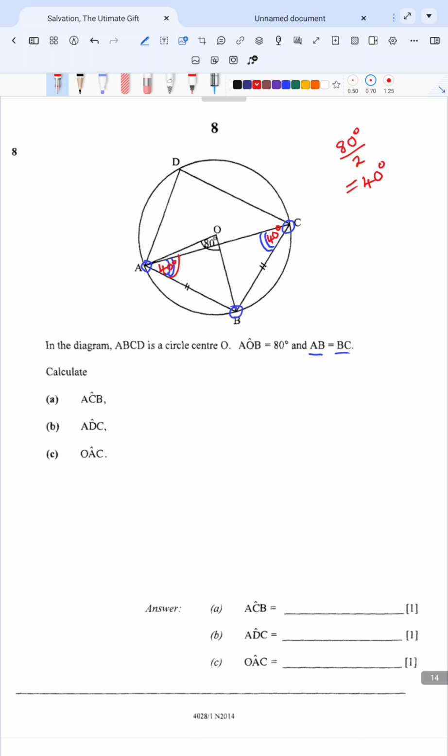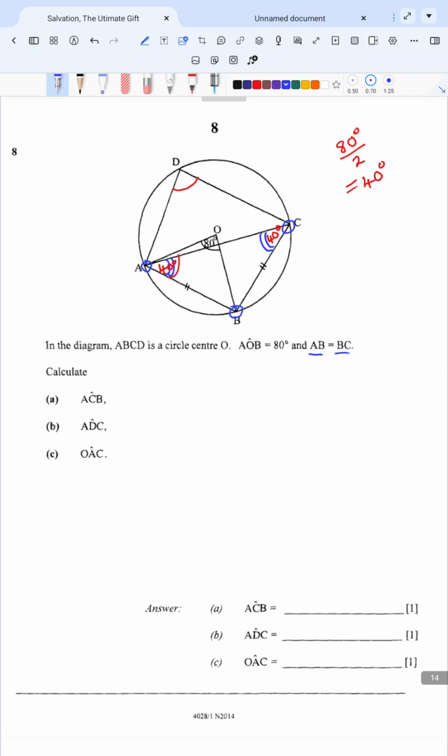We move on to part B. Calculate angle ADC. They want you to calculate this angle here. Another theorem from circle geometry says that opposite angles in a cyclic quad add up to 180 degrees. So what is a cyclic quad?